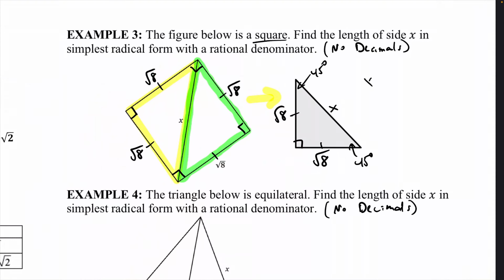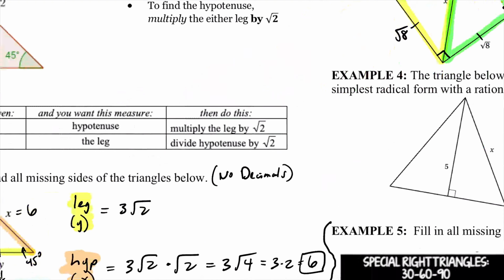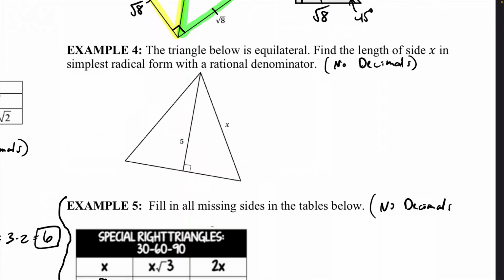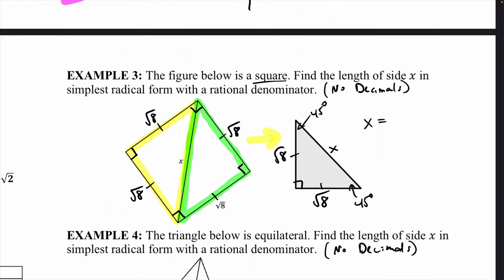So if I want to find x, that's the hypotenuse, right? So let's go back to our 45, 45, 90. I have the legs, and I want to find the hypotenuse. Multiply a leg by the square root of 2.